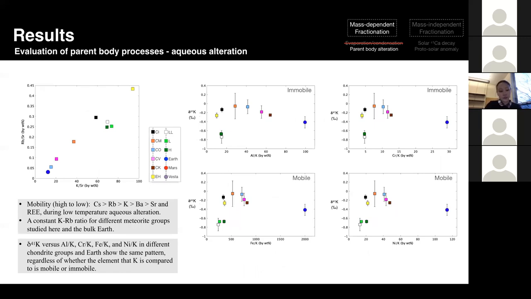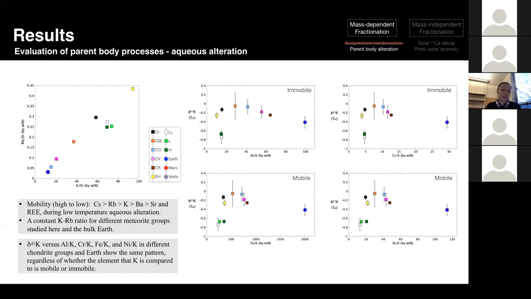We also consider parent body processes like aqueous alteration. No systematic correlations were found between potassium isotope and petrological types. In addition, many studies showed that the mobility of potassium and other elements follows a sequence that I listed down there.